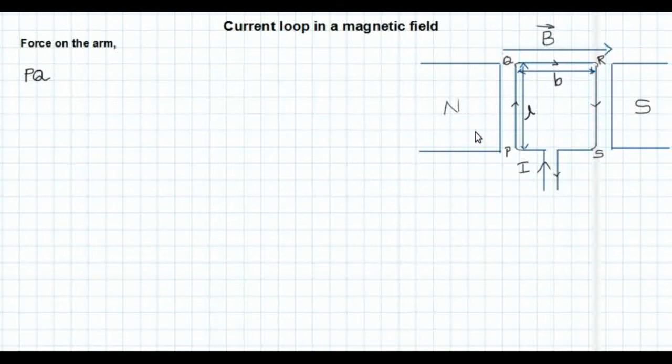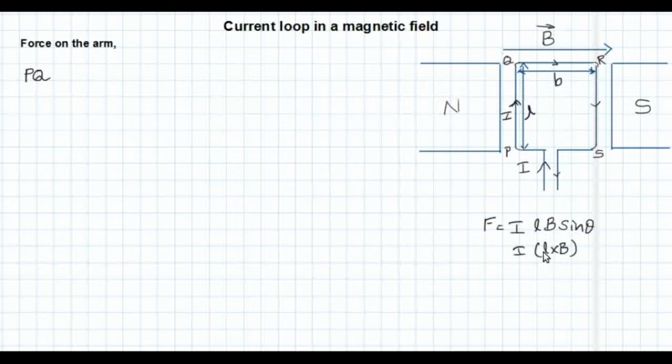The force on the arm PQ will be, we know the equation F is equal to ILB sin theta, or F is equal to I into L cross B. This is how the length L is present, and perpendicular to this the magnetic field is present. So the angle between L and B is 90 degrees. Since the angle theta is 90, we may put it as sin 90.